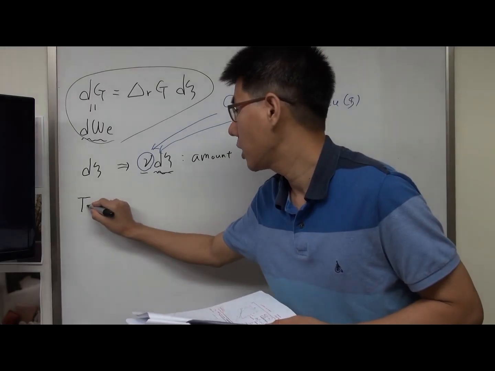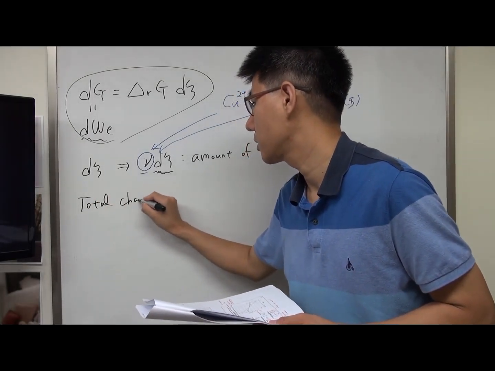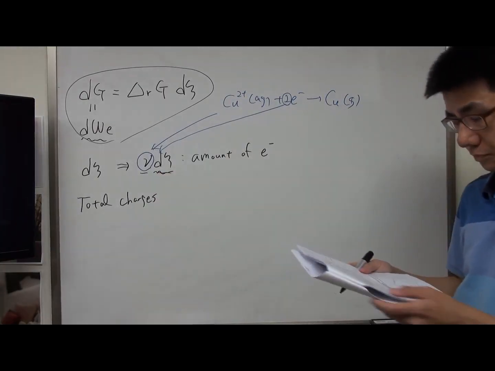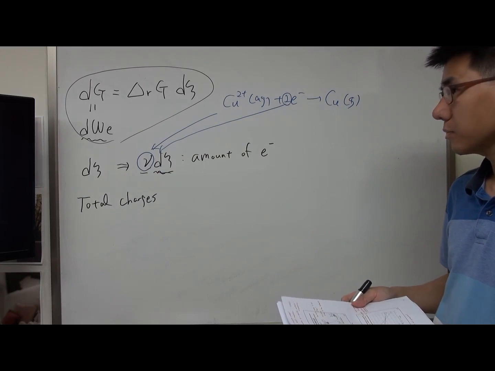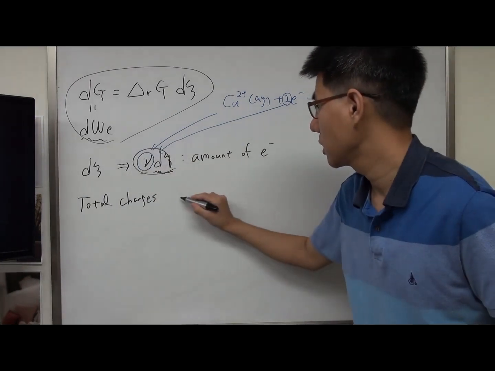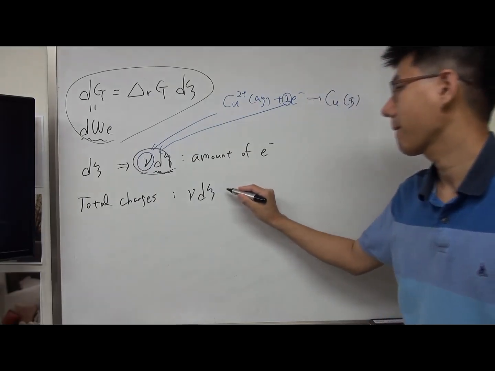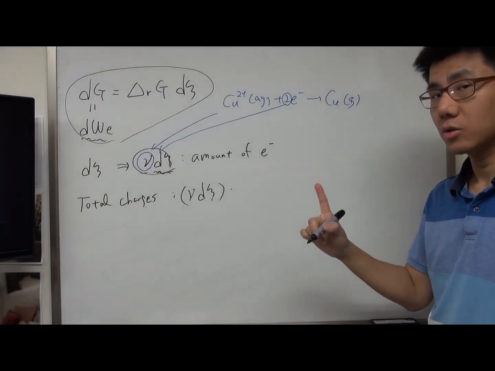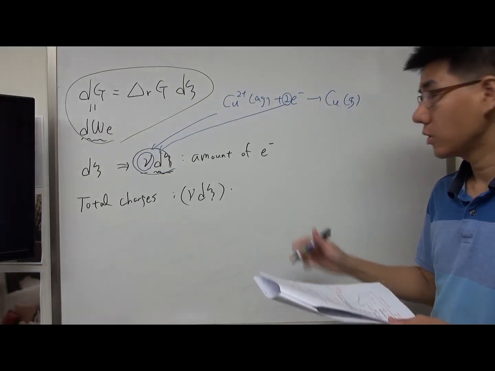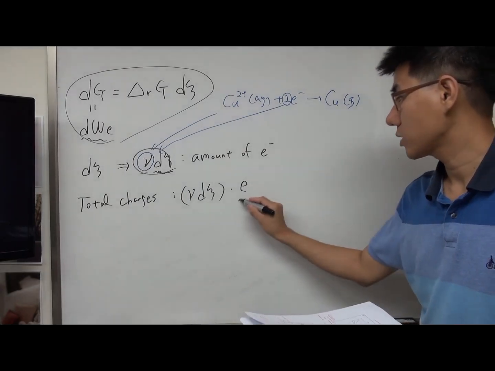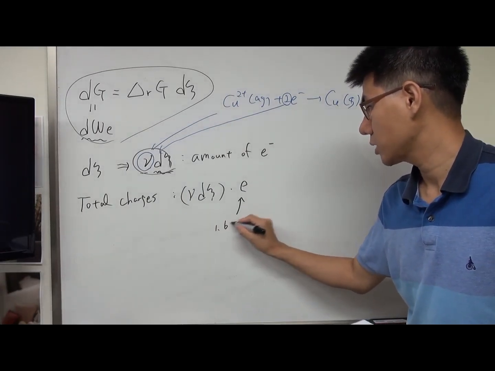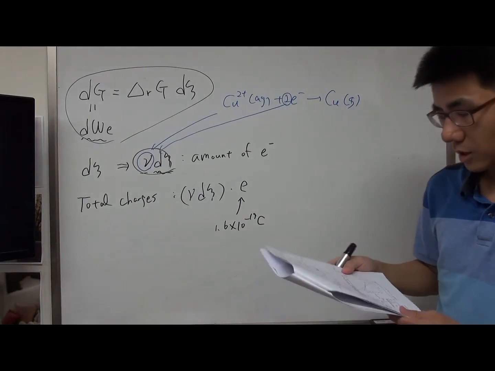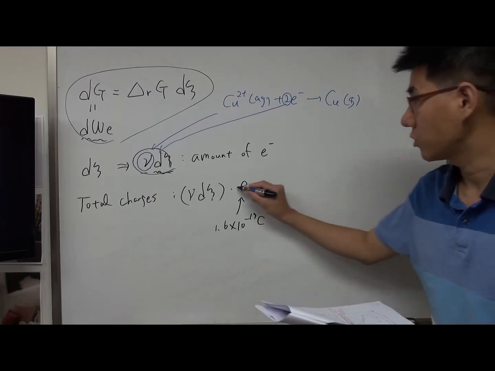Then, how about the total charge which has been transported by these moving electrons? So the amount of electrons is nu d psi. And one electron has a charge of e, which corresponds to 1.6 times 10 to the minus 19 coulomb. Since an electron has a negative sign, we put minus e.